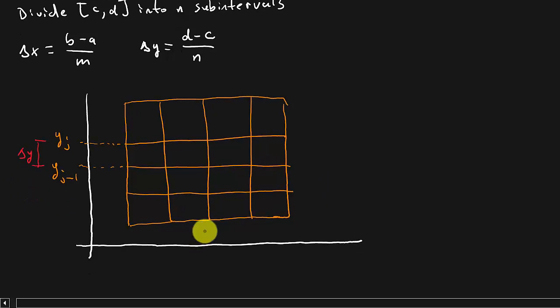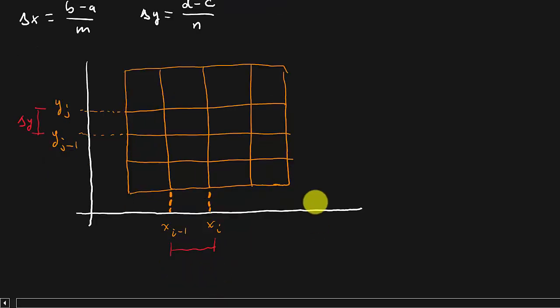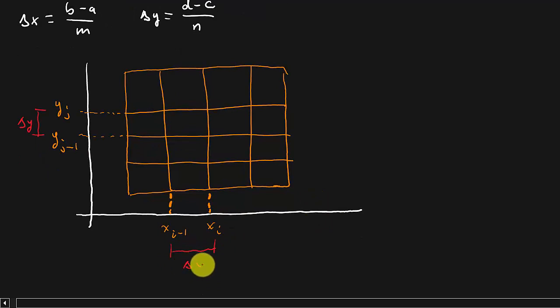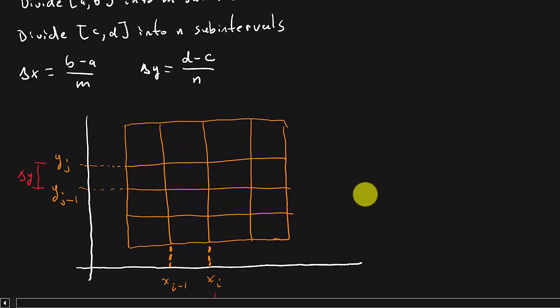And then same thing here along the x. We've got x sub i minus 1, we've got x sub i, and the distance between them is delta x.